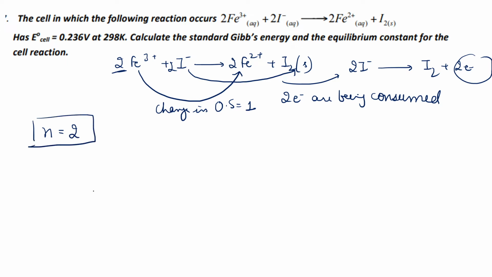Now, in order to calculate Gibbs free energy, delta G naught is equal to minus NF E naught cell. They have provided the E naught cell value.